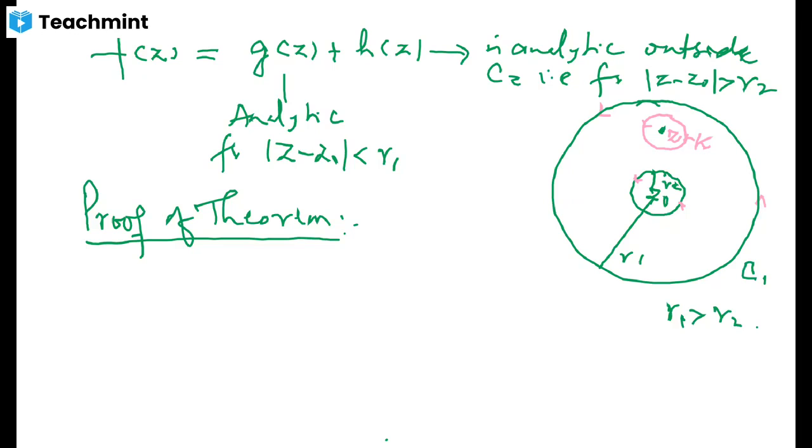Now, fix z in this annular region D(z0, r1, r2). Then look at this function now.